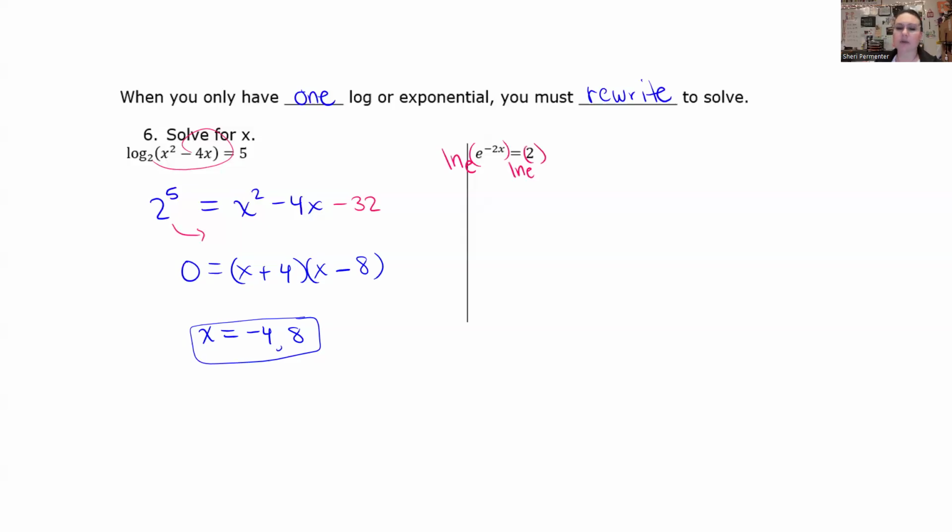This is the same thing as rewriting it. And what happens when the base matches the base? Yeah, so these will cancel. I'm just left with negative 2x on this side equals ln e of 2.